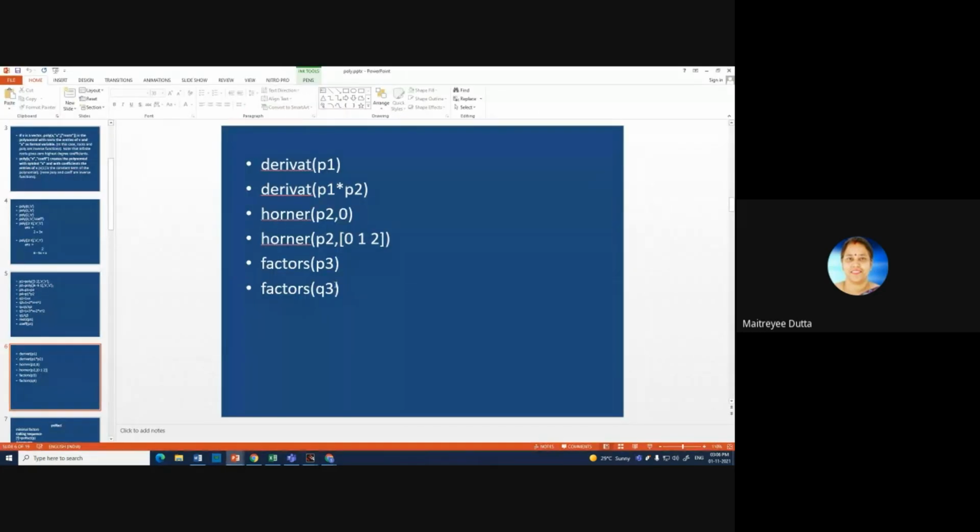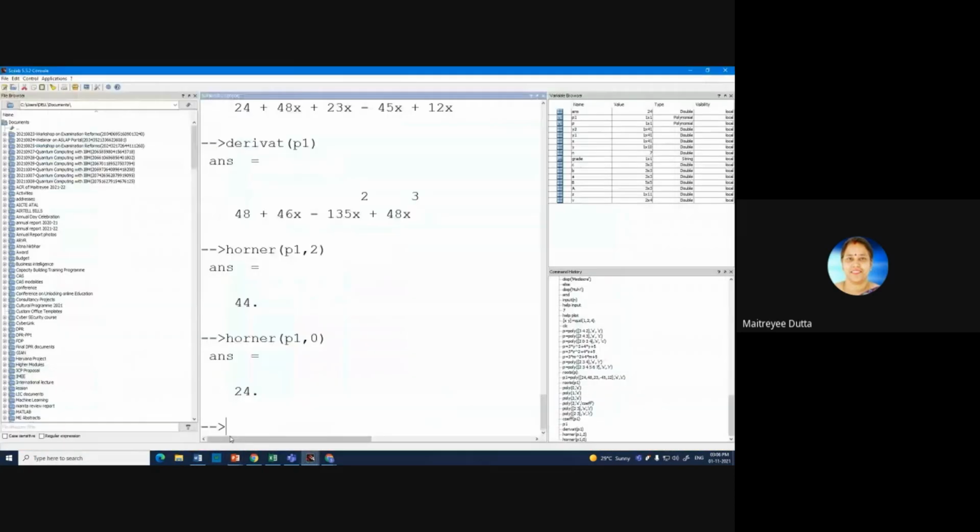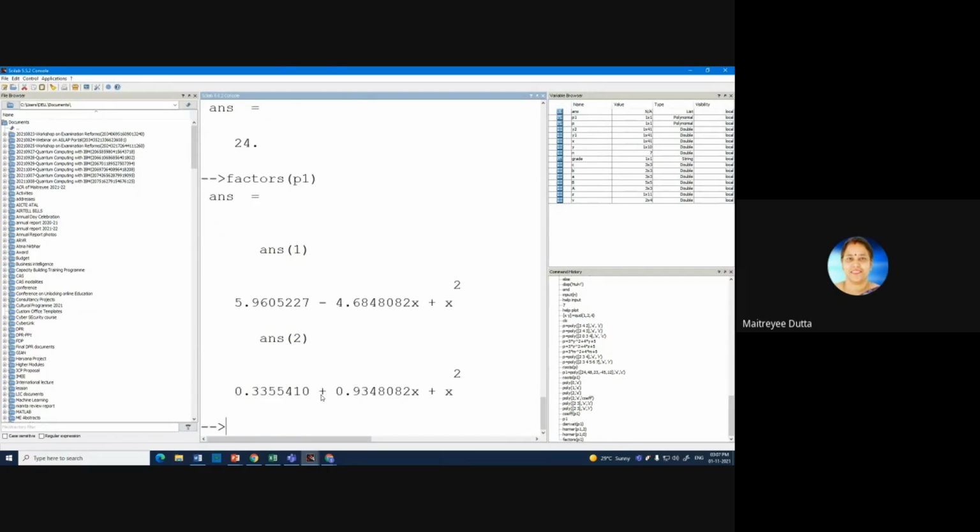Next is factors. Factors is how to find the factors of whatever polynomial is there. If I say factors of P1, then it will try whatever possible way. It is not possible for the system to factorize the x squared any further, that's why it has stopped, right?